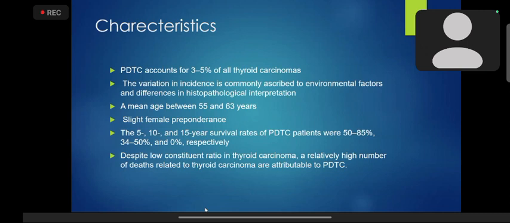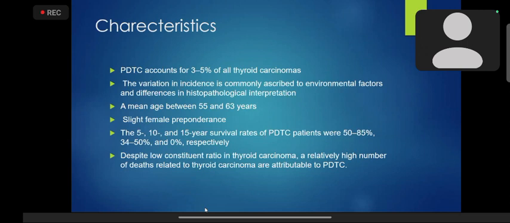The mean age is between 55 and 63 years, a little more elderly than other cancers of the thyroid, with a slight female preponderance as in other thyroid cancers. The 5-year survival rate is 50 to 85%, the 10-year is 34 to 50%, and the 15-year is 0%.